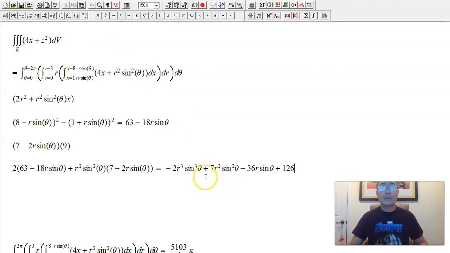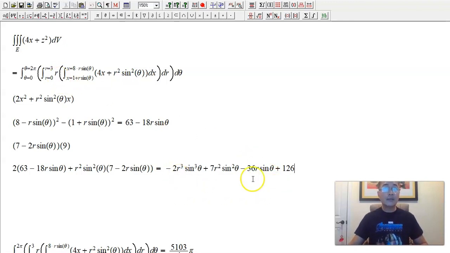So we do get something which is a little bit more complicated than we had before, but I have a feeling we did integral sine cubed already sometime in the past. And of course, at this step we also have to have that extra r.